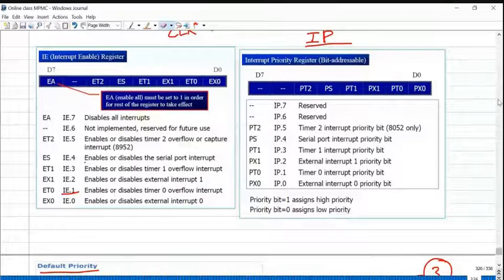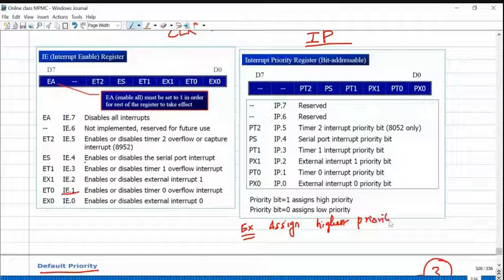One example I'll give you of how to use this. Example for the interrupt priority register: assign highest priority to INT1. So what do we do?